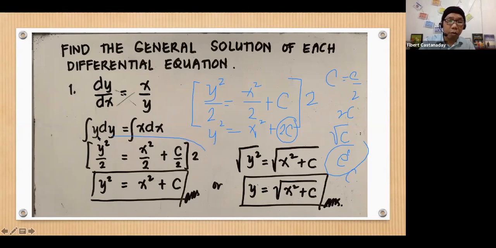But in this example, I already modified or changed the value of c here so that I will no longer change c at my final answer. So that's one of the techniques that I have used.